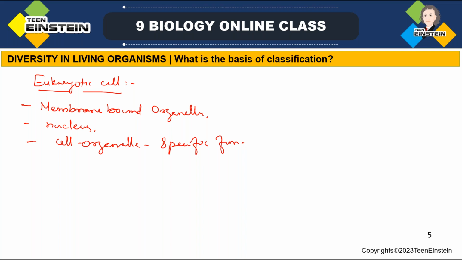So an organism having a membrane bound nucleus or membrane bound cell organelles, including the nucleus, allows the cellular process to be carried out in an efficient way. That specific function will be carried out in an efficient way. That means it will not disturb the work of other cell organelles.